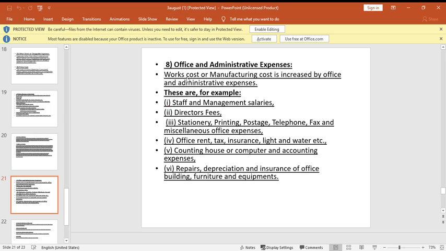Then office and administrative expenses, which include staff and management salaries, director salaries, stationery, printing, postage, cell phone, fax, office rent, tax, accounting, computer and account expenses, repairs, etc. All come under office and administrative expenses.